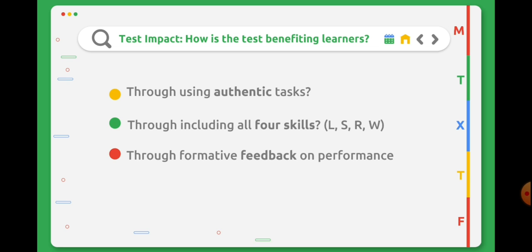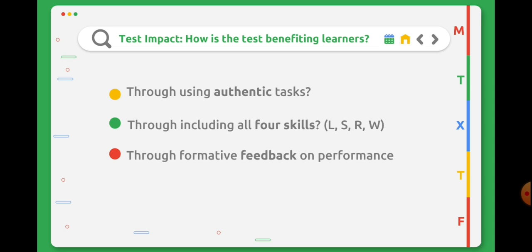The final key concept of validity is related to the test impact. It refers to how the test is benefiting learners. Is it supporting learning through using authentic tasks or engaging learners in situations which are similar to the ones outside of the class?